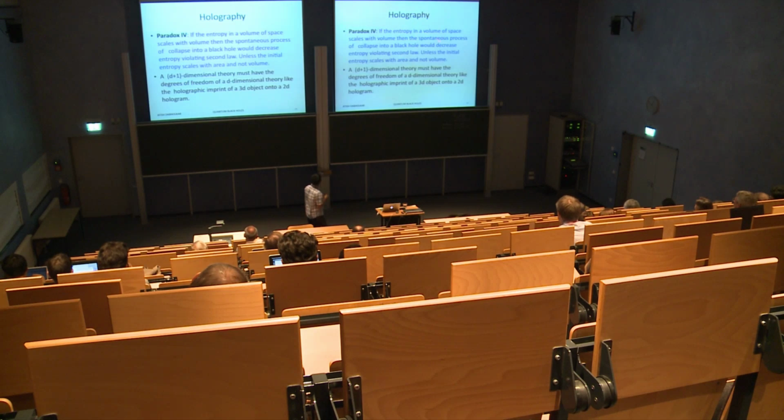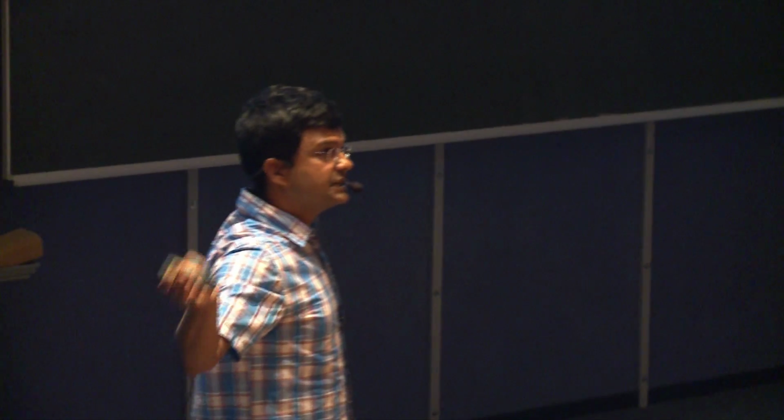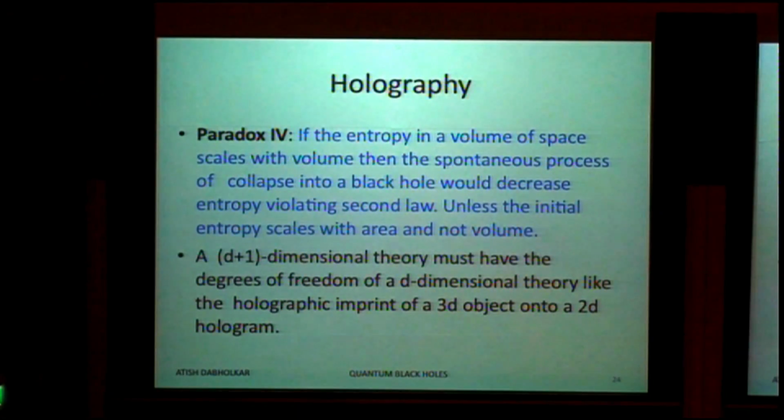If the entropy of a black hole scales with area instead of the volume, and we also know that the formation of a black hole is a spontaneous process, so if I took a large enough room with some gas in it, it will spontaneously collapse to form a black hole, and therefore, according to the second law of thermodynamics, your entropy cannot decrease. And therefore, the initial entropy of the volume of space should also scale not with volume, but with the area.